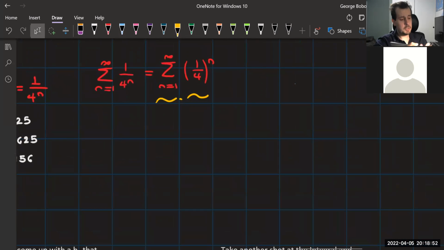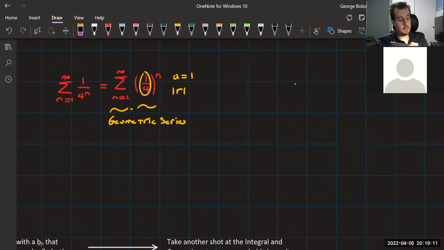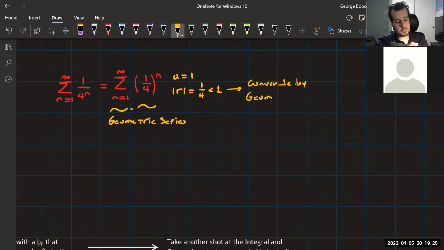Yeah, it is a power series, and specifically it is a geometric series, like the one we had last time. The a value that would be sitting here is equal to 1, and the magnitude of the r value is equal to 1/4, which is less than 1, and that means that we converge by the geometric series test.